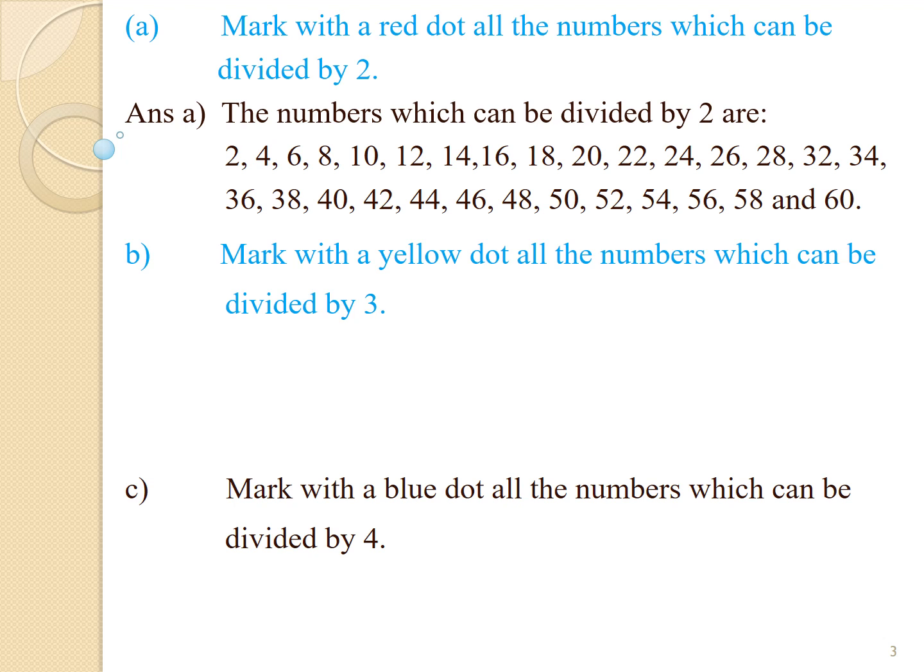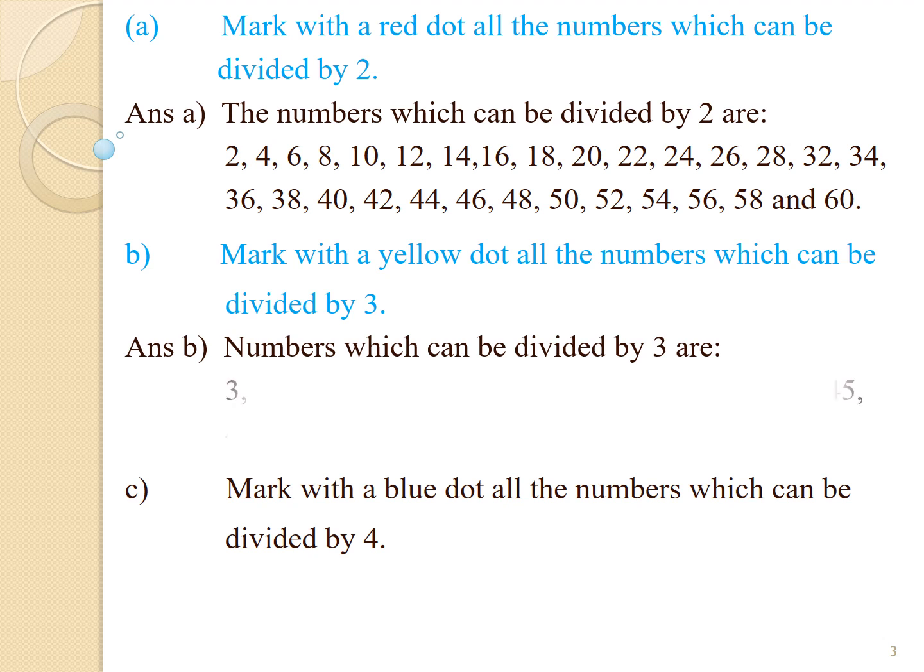The numbers which can be divided by 3 are 3, 6, 9, 12, 15, 18, 21, 24, 27, 30, 33, 36, 39, 42, 45, 48, 51, 54, 57, 60, and so on.